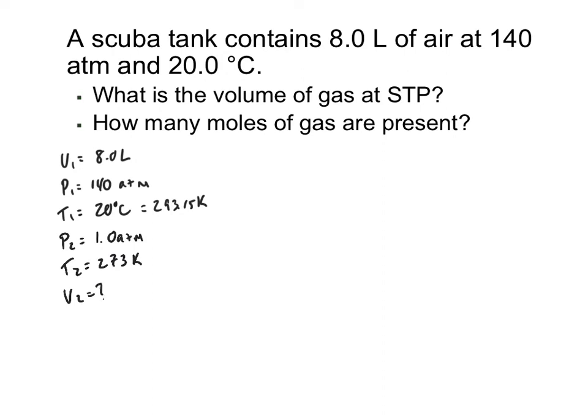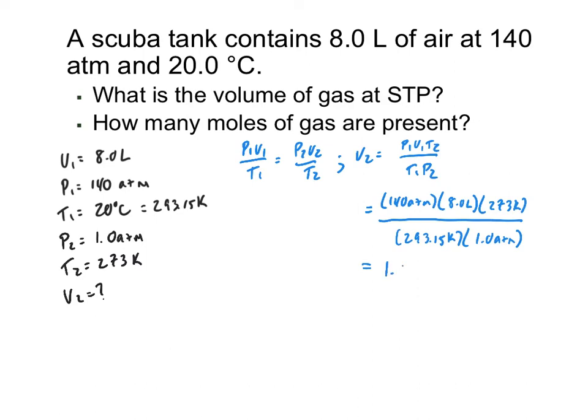And so we can use our combined gas law, giving us a value of 1.0 times 10 to the third liters of air. For one thing, this tells us just how compressible gases can really be. We can take what would normally be 1,000 liters of air and compress that down using high pressure down to simply 8 liters so that a scuba diver is able to take that down below with them.